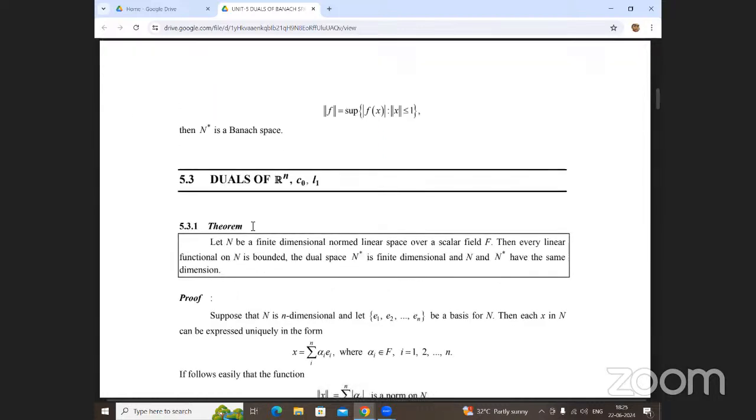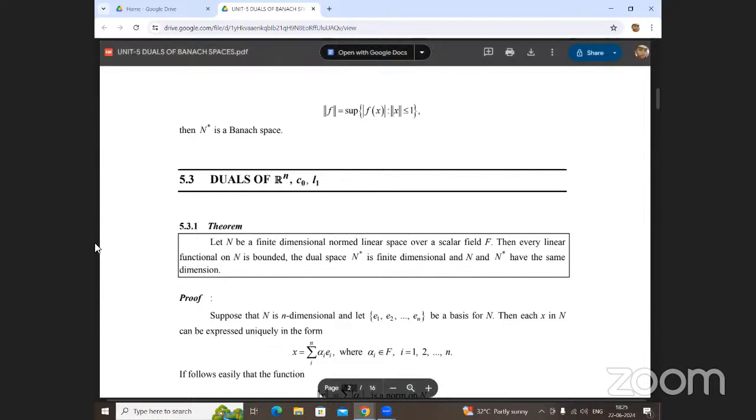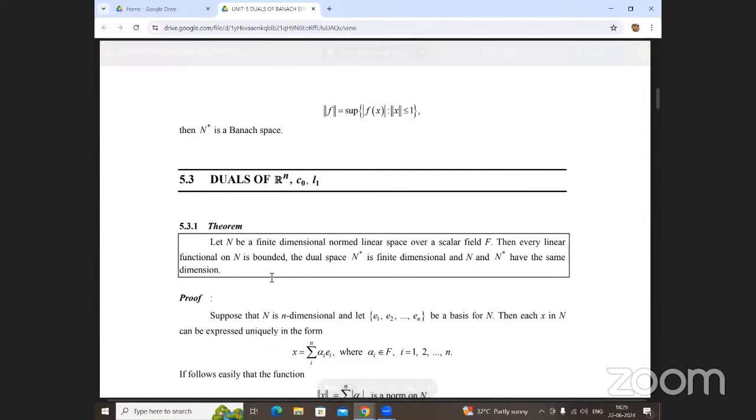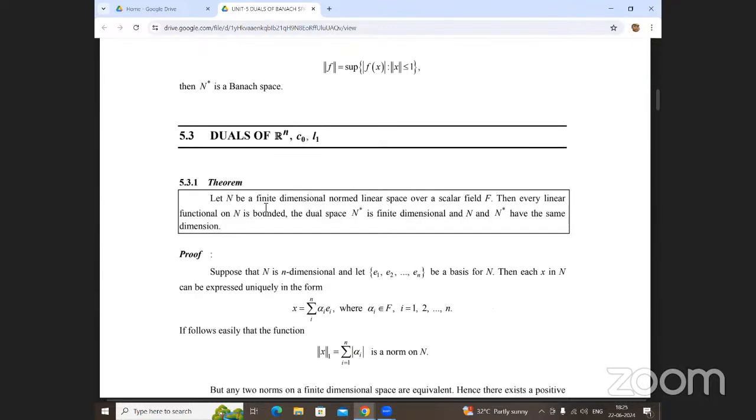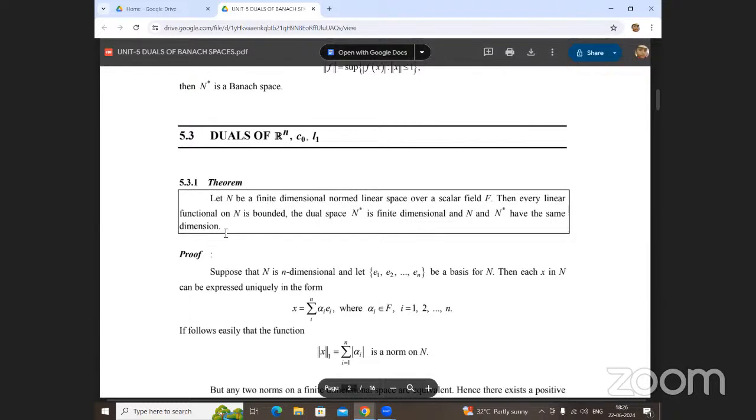Please note down, students, this theorem is repeated a number of times: in the dual space, 5.3.1. Easy to understand here. 5.3.1: Let N be a finite dimensional normed linear space over the same scalar field. Then every linear functional on N is bounded. So the dual space N star is also finite dimensional, and N and N dash have the same dimension.